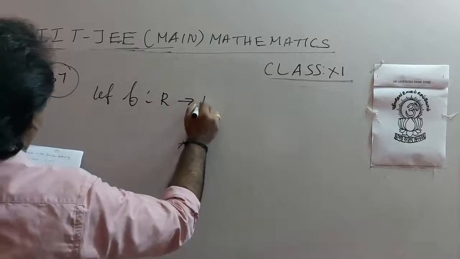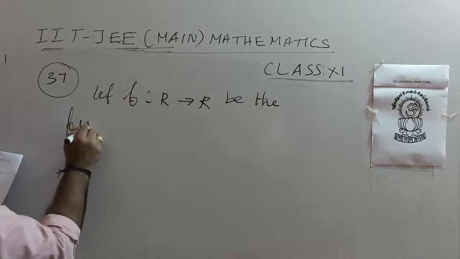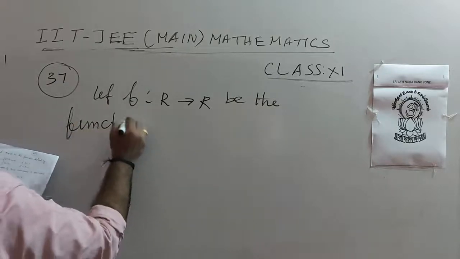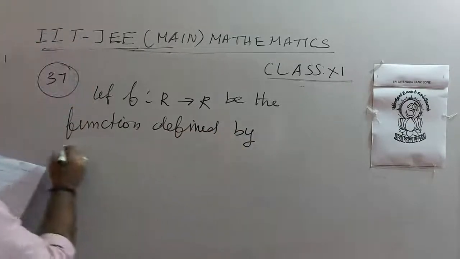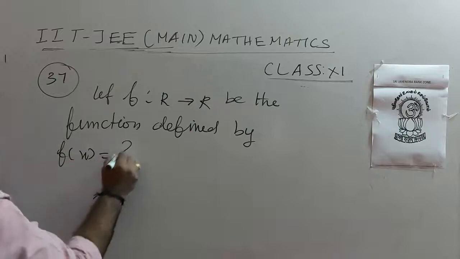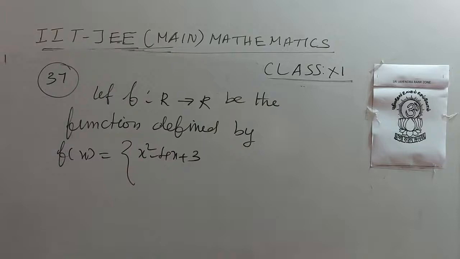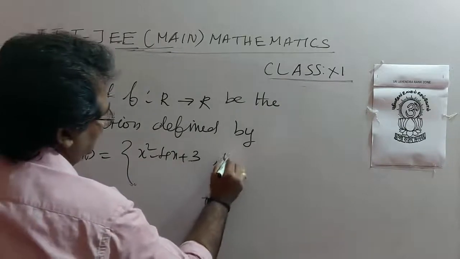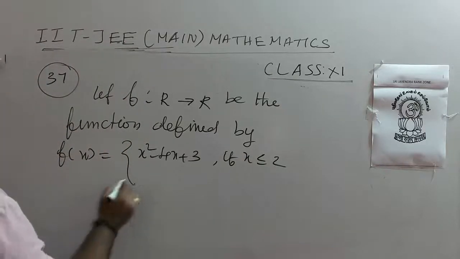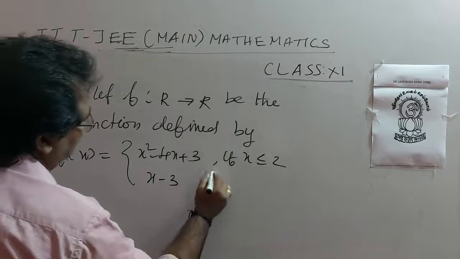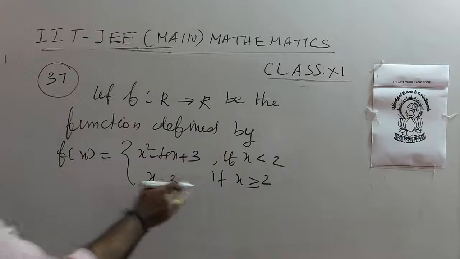Let f be a function from R to R. f of x equal to x squared minus 4x plus 3 if x is less than 2, and x minus 3 if x is greater than or equal to 2.